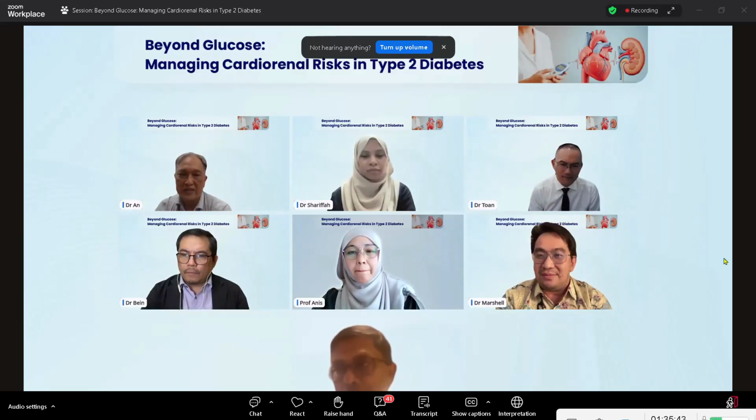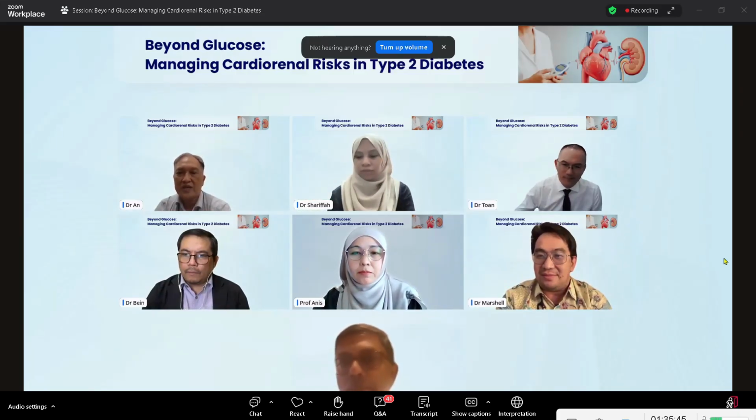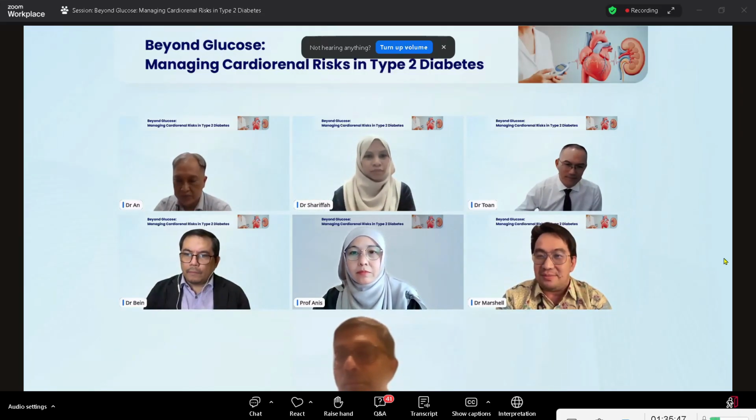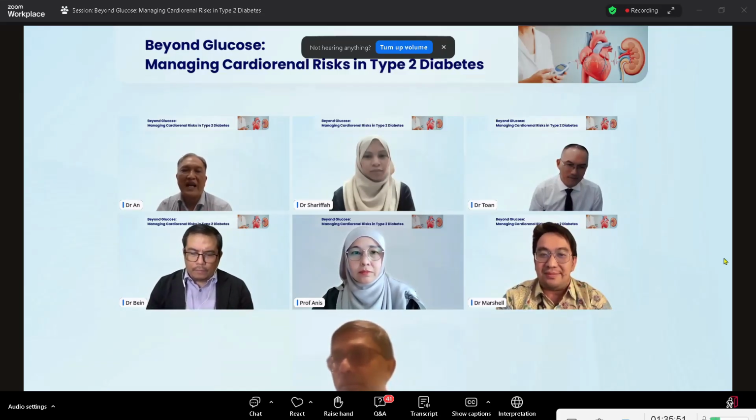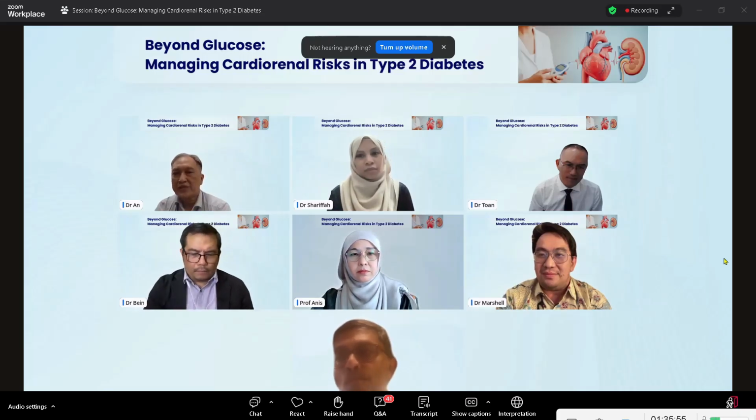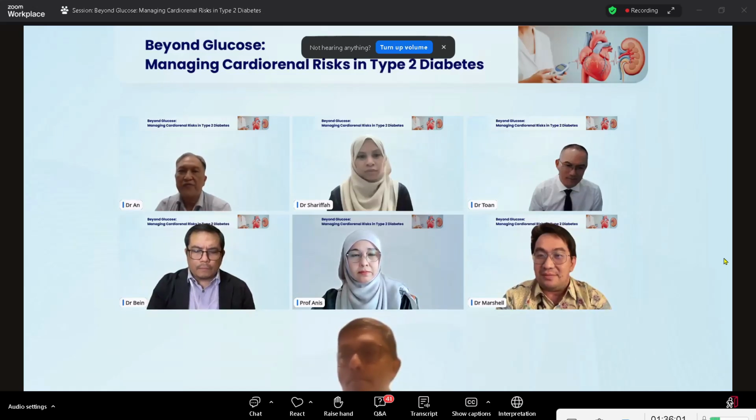In the past we thought about glucose control first, but now in the digital era and with the advantage of the lab, we can move one step further. That's the treatable threat for CKD in diabetes for a long time.